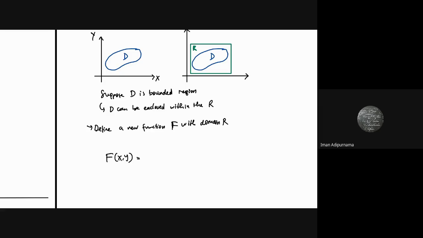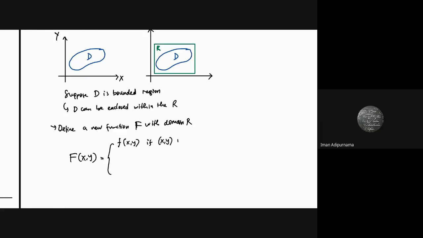And what we are going to define is this: the big F will be equal to this small f if x and y is in D, and it will be equal to 0 if (x, y) is in R but not in D.